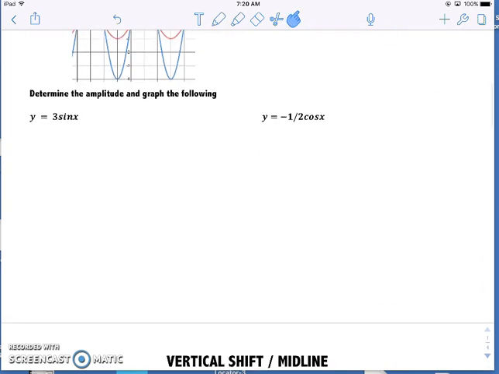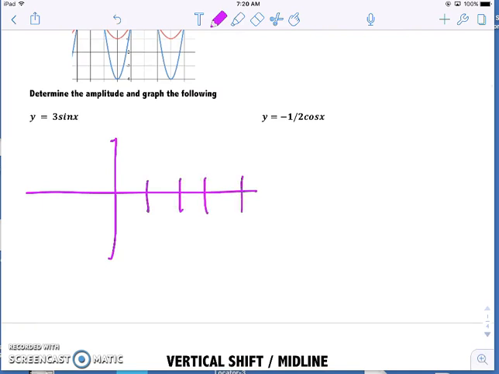So if we were to graph these, there isn't a period change. So again, we graph 4 marks on each side. So 2 pi, we got pi, pi over 2, and 3 pi over 2.